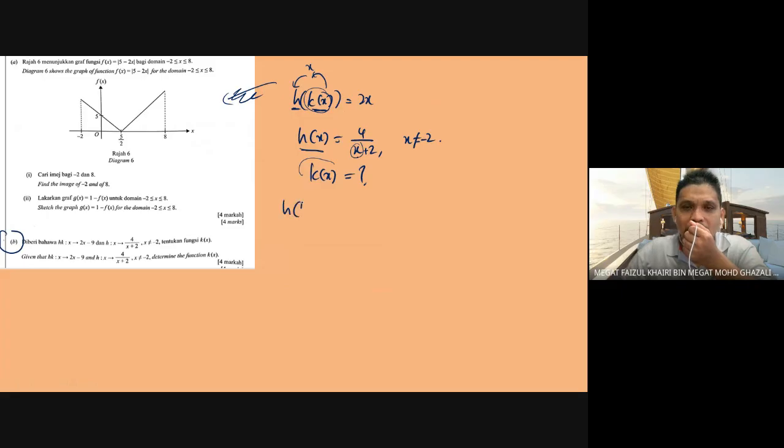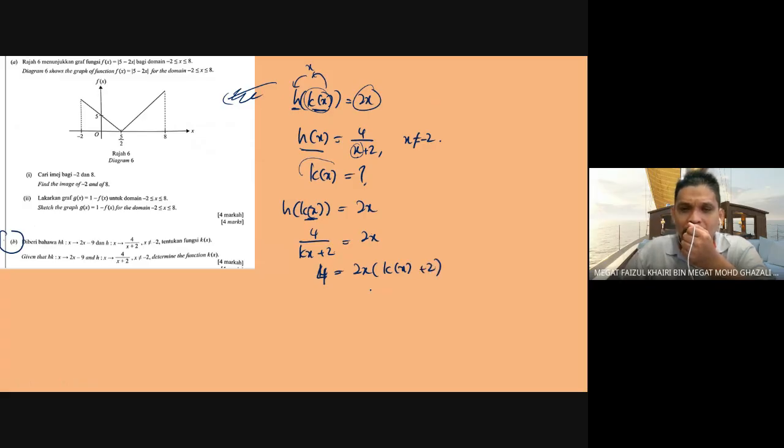So k(x) into the x of the function h. So we get 4 divided by k(x) plus 2 equal to 2x. Okay, so now cross multiply, then you get 4 equal to 4x divided by k(x) plus 2.